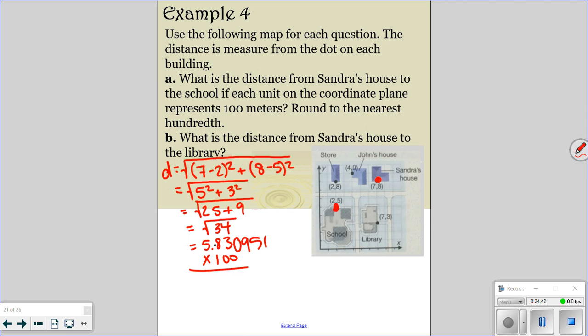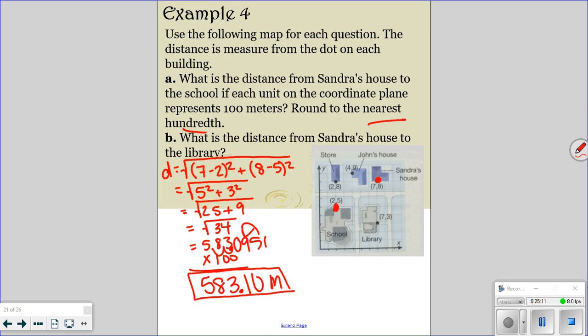So if you multiply by 100, you're basically just going to move your decimal place over 2 places. So that's going to become 583, and it says round to the nearest hundredth. So this 0, 9, this 5 rounds that 9 up, so it's going to be 10, and then meters. So that would be the distance between her house and the school.